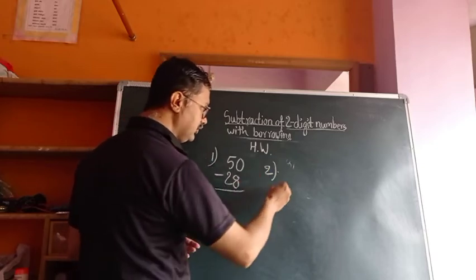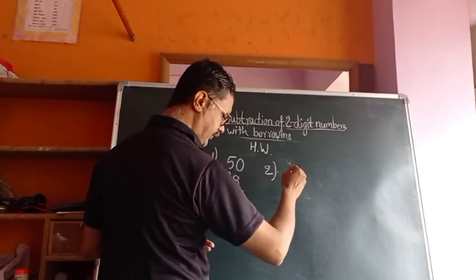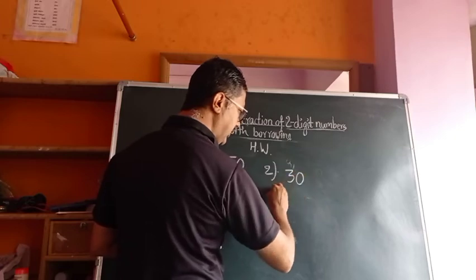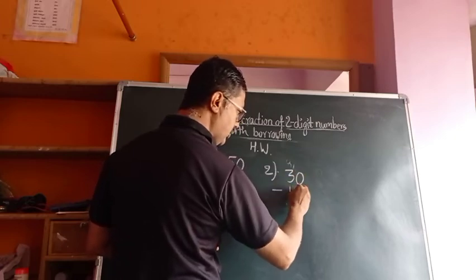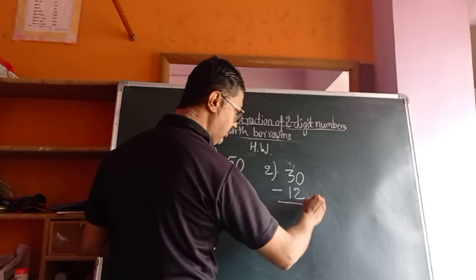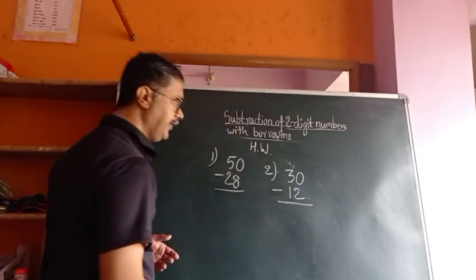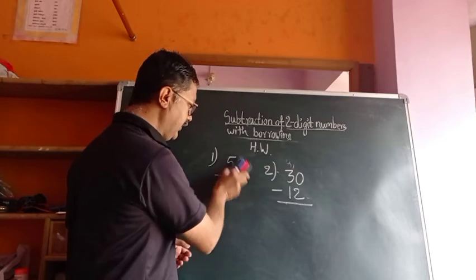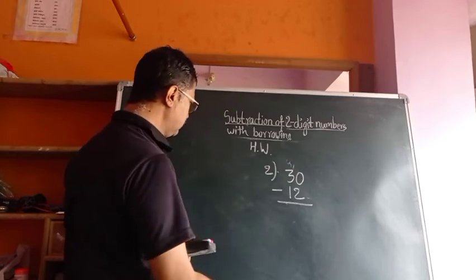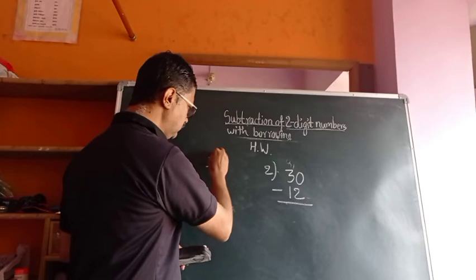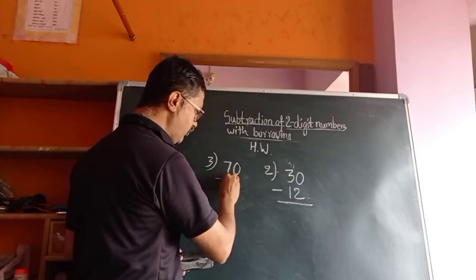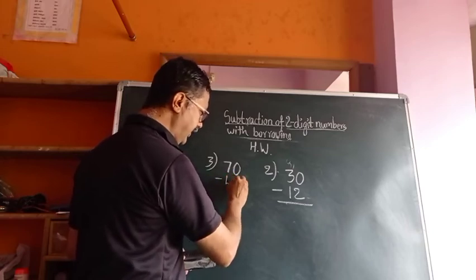Second one, 30 minus 12. Third one, 70 minus 45.